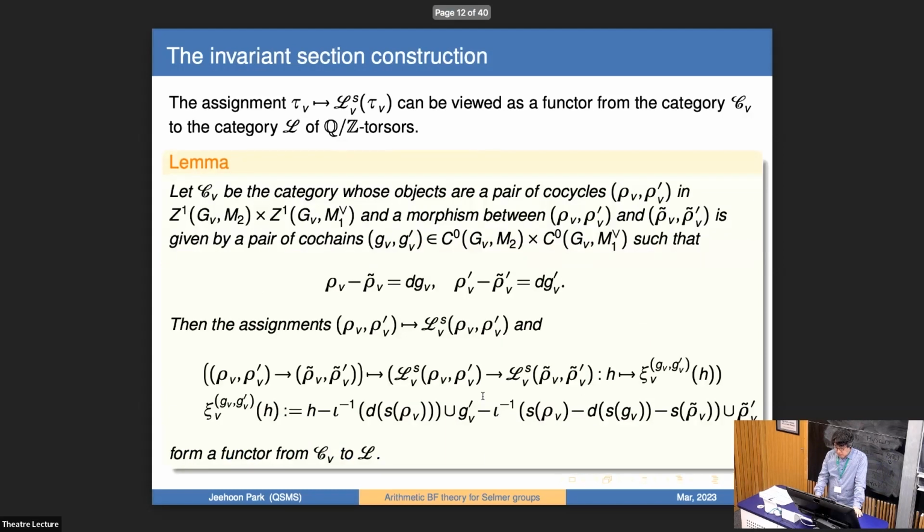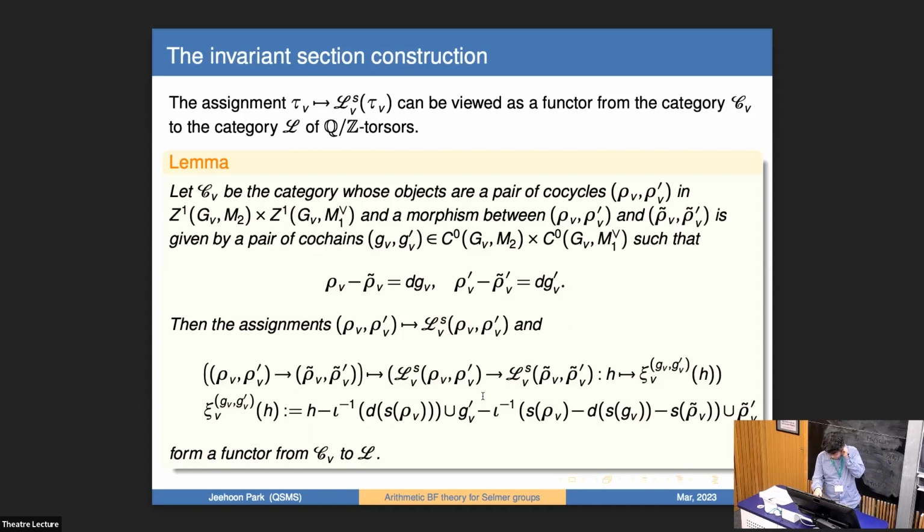Now, I just study how this thing behaves under the choice of the section S, and how it behaves on a cohomology class of tau V, rho V and rho V prime. And this is a simple computation. You sort of need a projective limit construction, and then you show that the projective limit exists, and the answer gives us a non-trivial Q mod Z torsor.